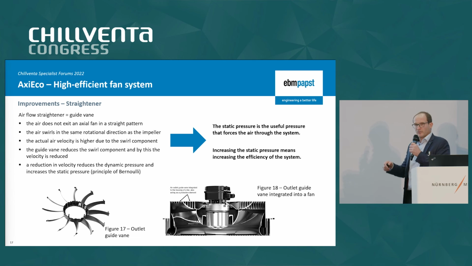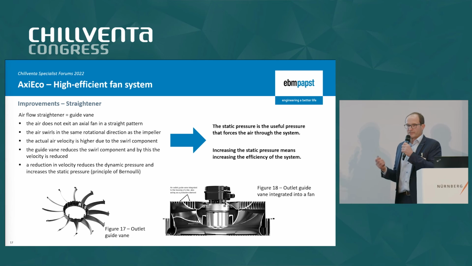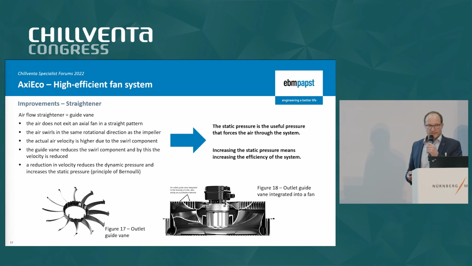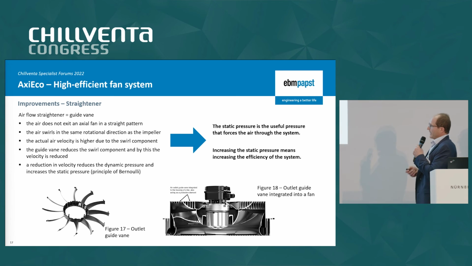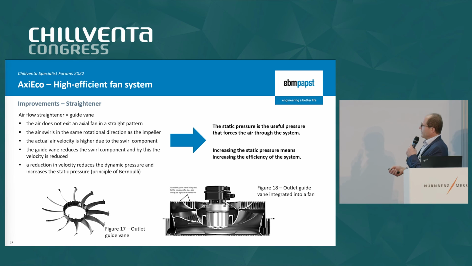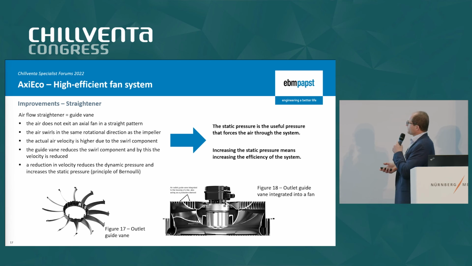That means we reduce the turbulences, and by this we reduce the total velocity of the airstream, and this increases the static pressure, and by this we can increase the efficiency of the fan. This is, by the way, the so-called principle of Bernoulli, static pressure, dynamic pressure.